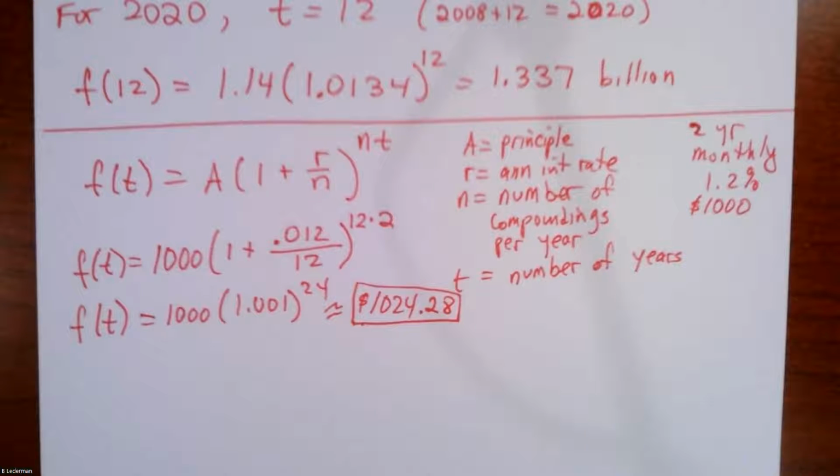If it wasn't compounded monthly, if you just got 1.2 a year, you would have less money. That's simple interest. Anyways, let's move on.